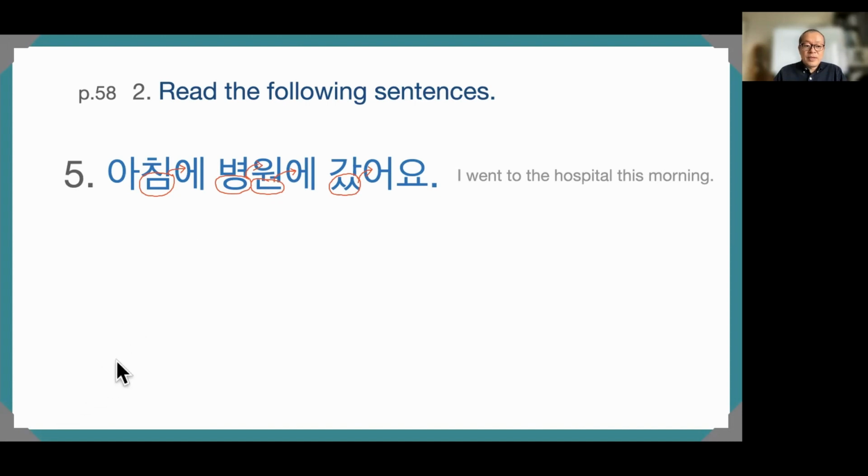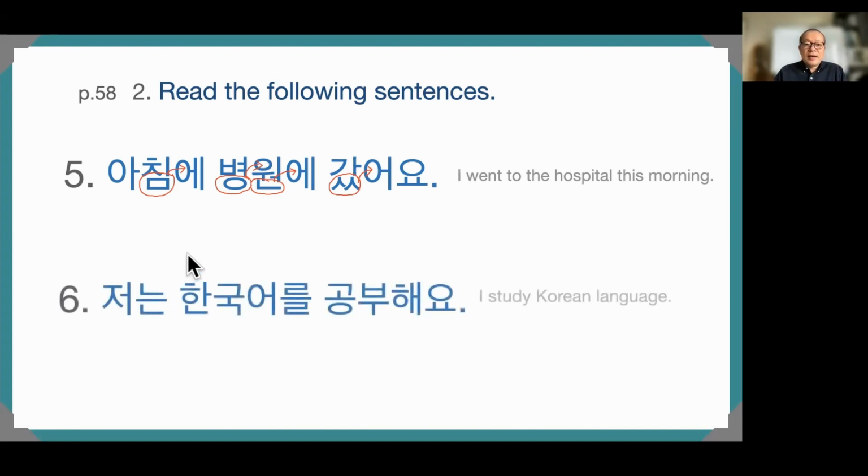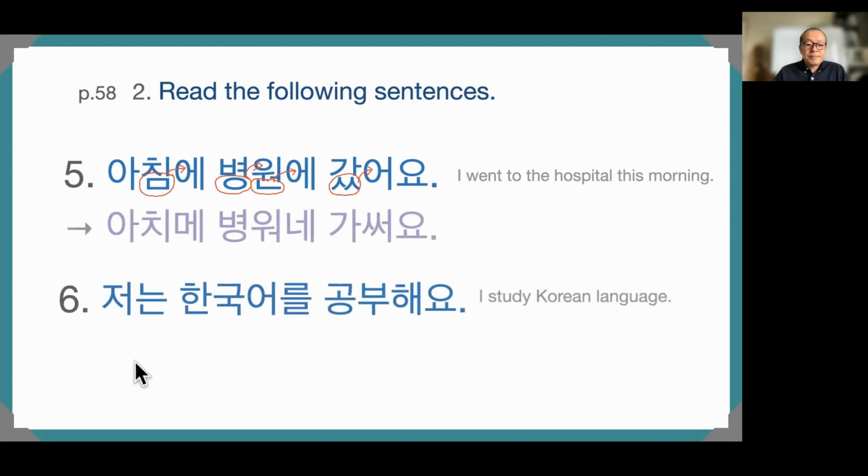So if you read this like this, 아침에 병원에. This one still remains as a final consonant because the next syllable is also the same sound. So 병원에, this one moves to the next syllable. 병원에 갔어요.